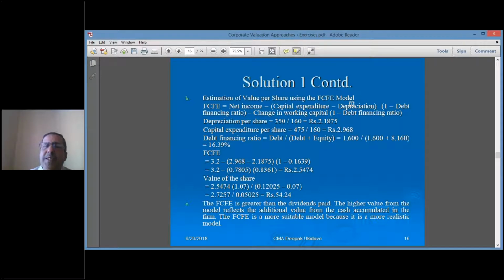And my dear students, debt financing ratio is not the same as debt equity ratio. Debt financing ratio is debt upon debt plus equity. That is given over here. So debt is 1600 and equity is 8160. How did 8160 come for equity? Number of equity shares multiplied by market price per share.